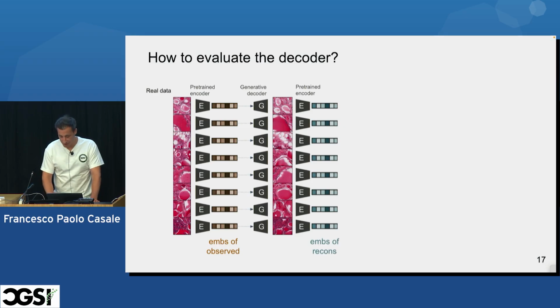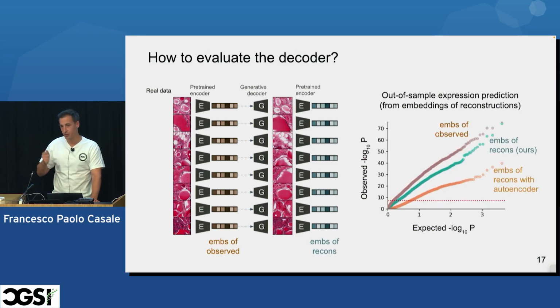And now you can see how well these embeddings of reconstruction can predict expression versus the embeddings of the observed data. And we also compare versus embeddings of reconstructions from a standard autoencoder, which just minimizes reconstruction loss. And as you can see, here we preserve lots of signal when we use our strategy, while a standard autoencoder loses a lot of information present in gene expression.